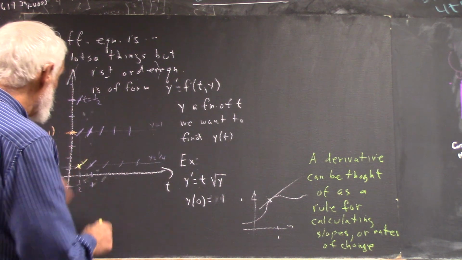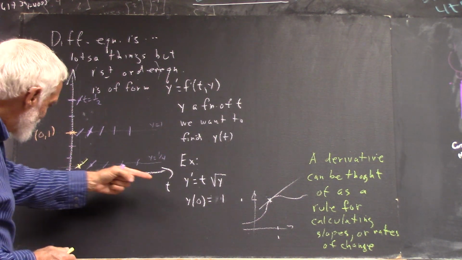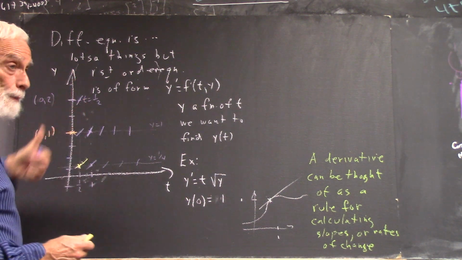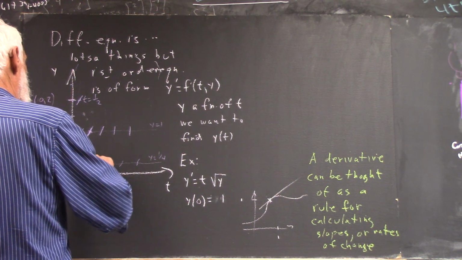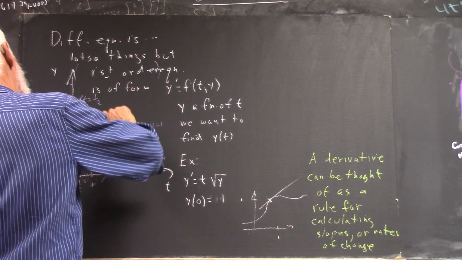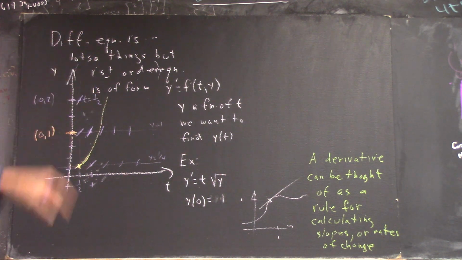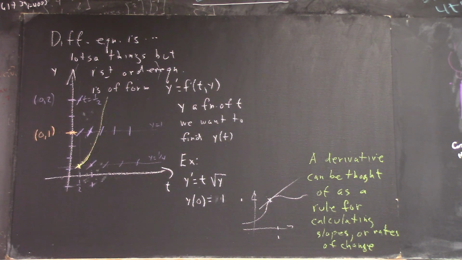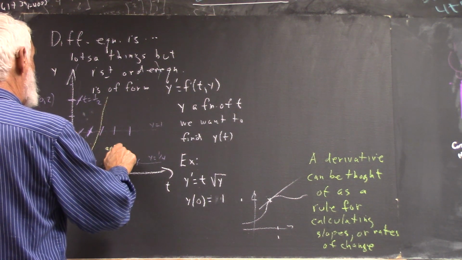And now you're out to this point, and the slope's getting bigger this way, and the slope's getting bigger this way, so it's going to be even steeper. So you're going to have a curve that might look something like this, that keeps getting steeper. Well, this is an approximate solution curve.